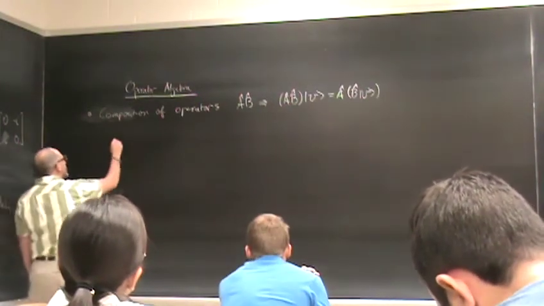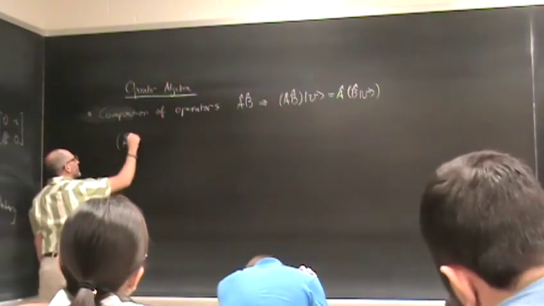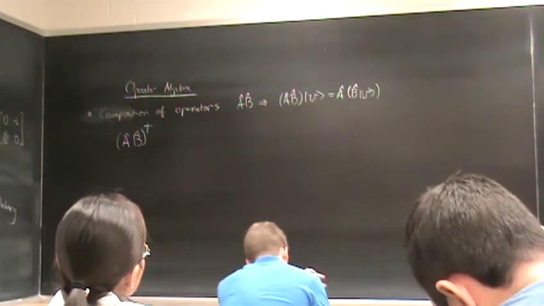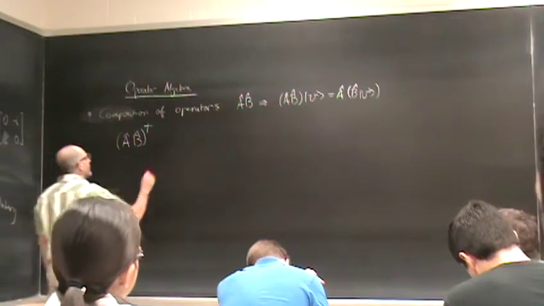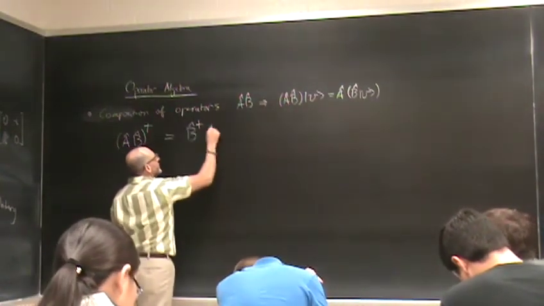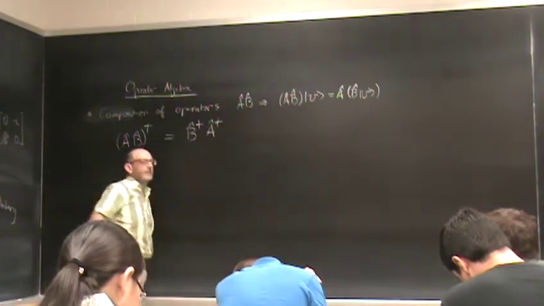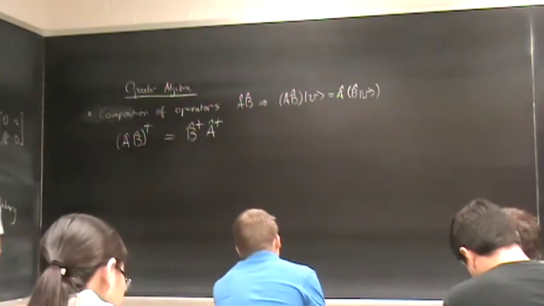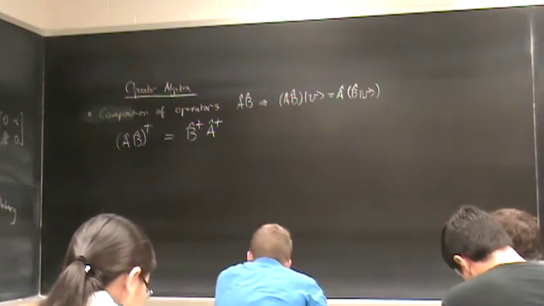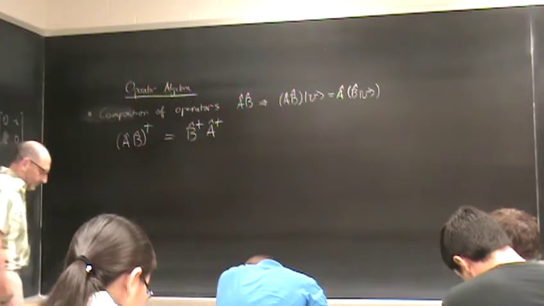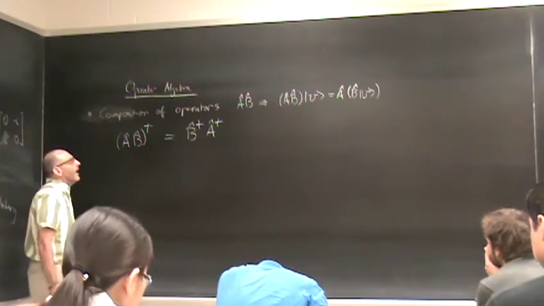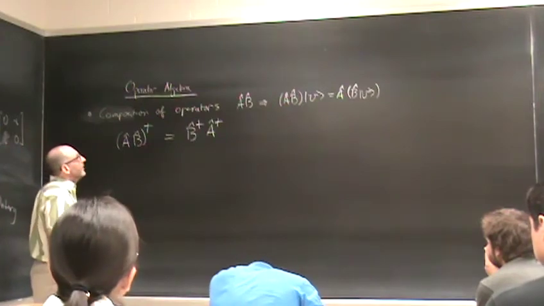So I can ask the question of what is the adjoint of the composition? And the answer, which you can easily prove and which we'll do quickly, is this. That is to say, the adjoint of the product is the product of the adjoints, but in the other order. Okay? How do we prove that?